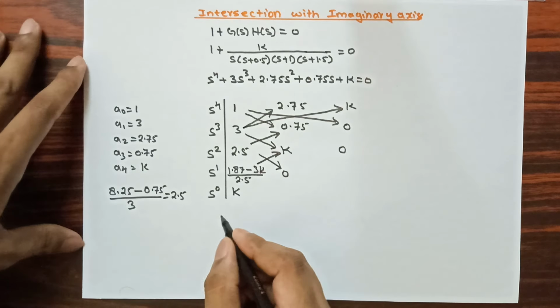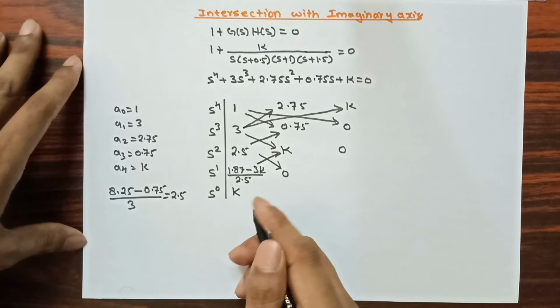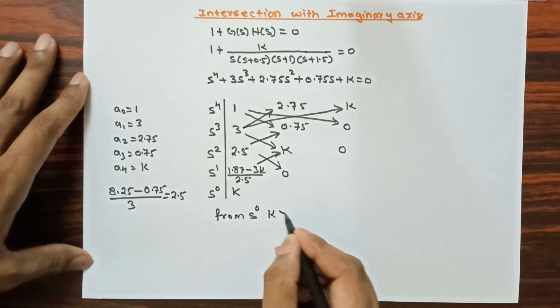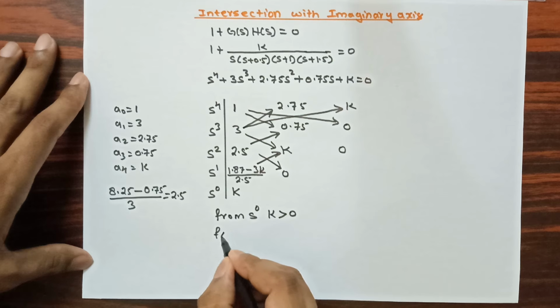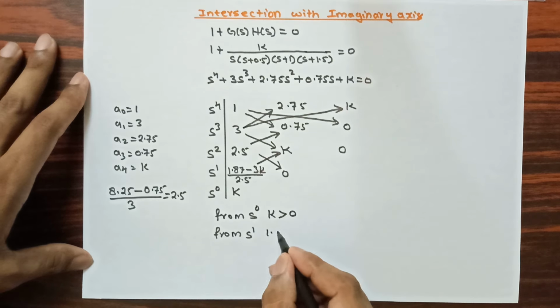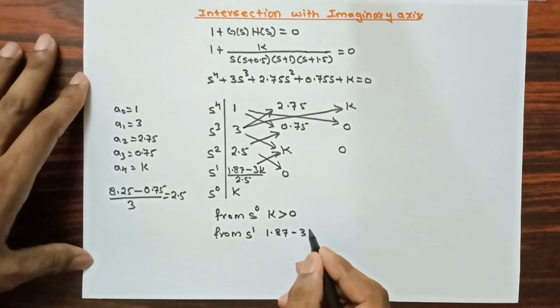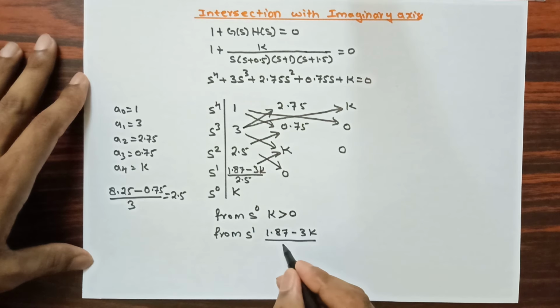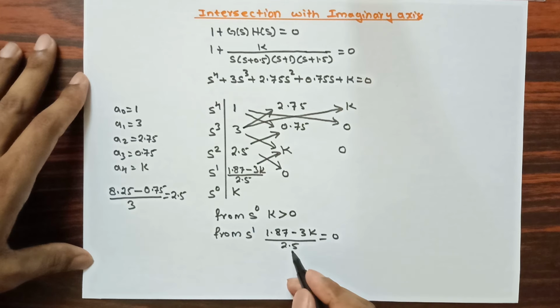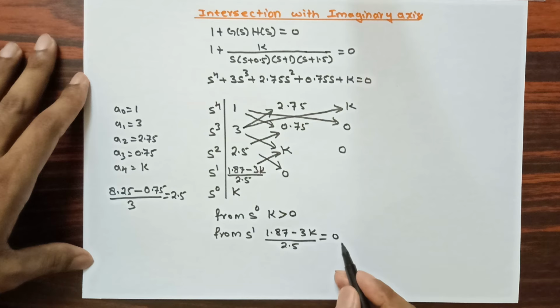Now next we are going to find the k margin value. From s to the power 0, k greater than 0. Next from s to the power 1, I am getting this equation 1.87 minus 3k divided by 2.5 equal to 0. Now this denominator term goes to the right hand side, becomes 0.